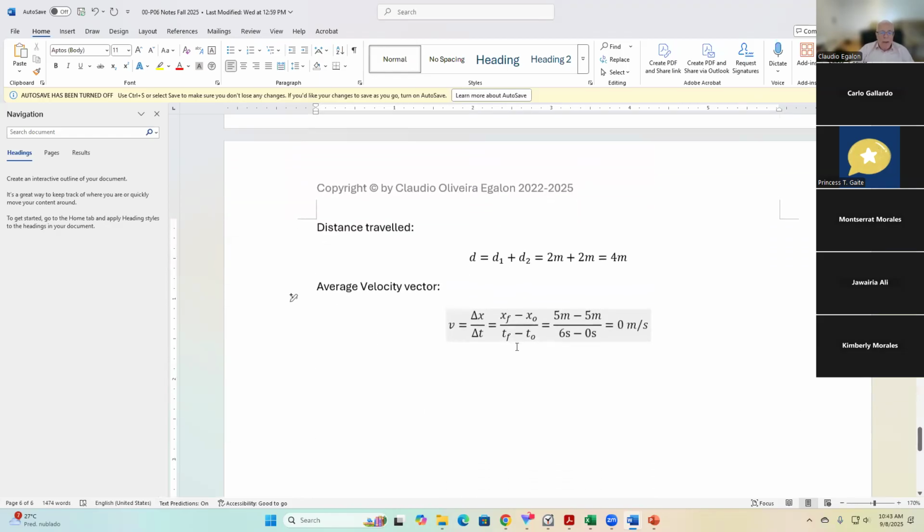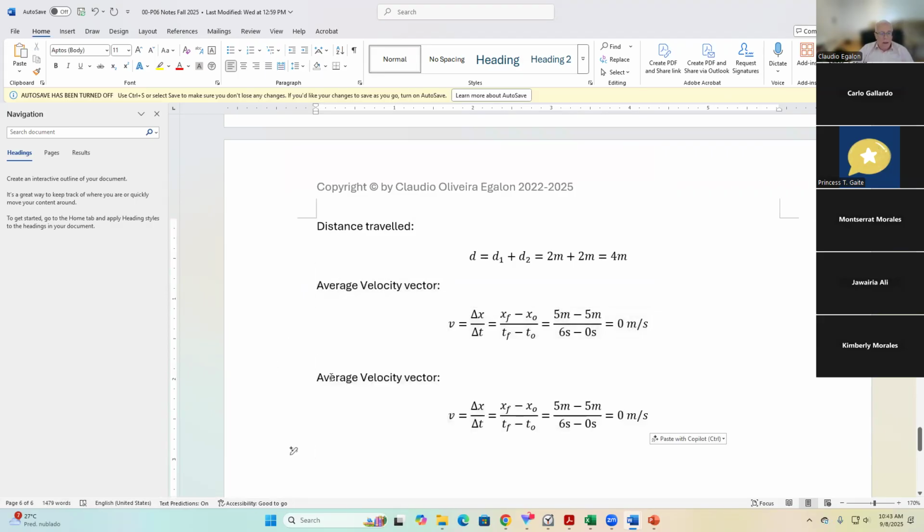And now we have speed, average speed. Average speed, S is going to be D divided by delta t.